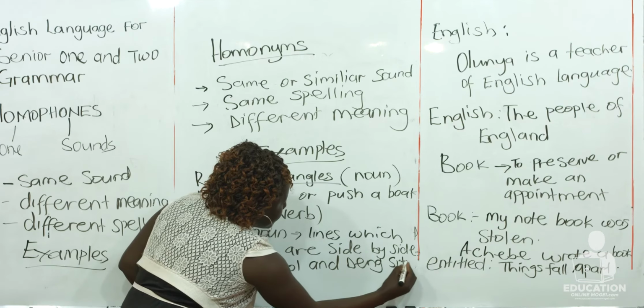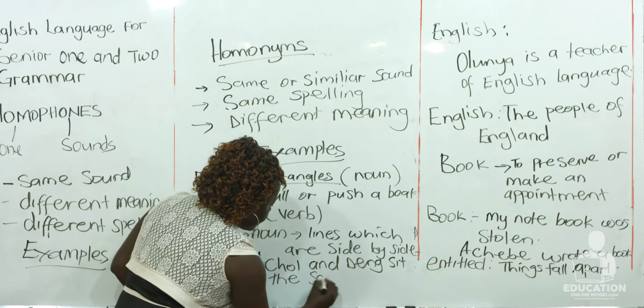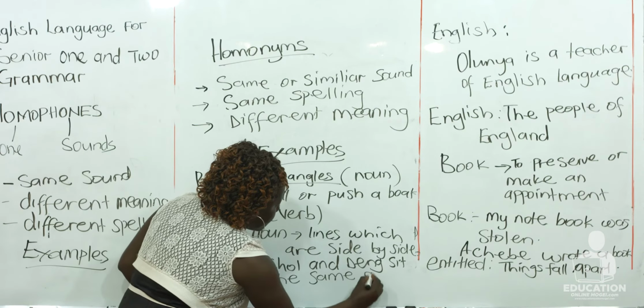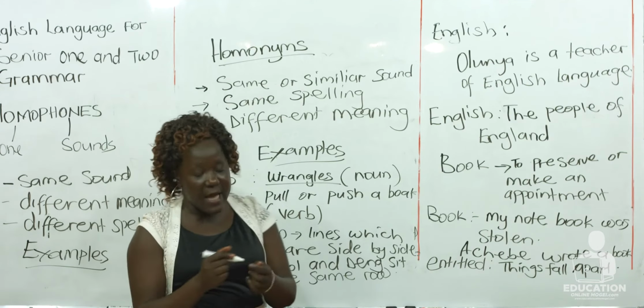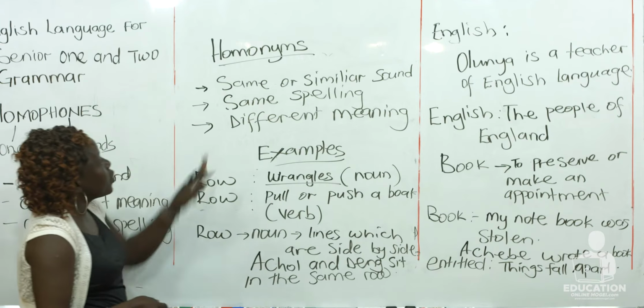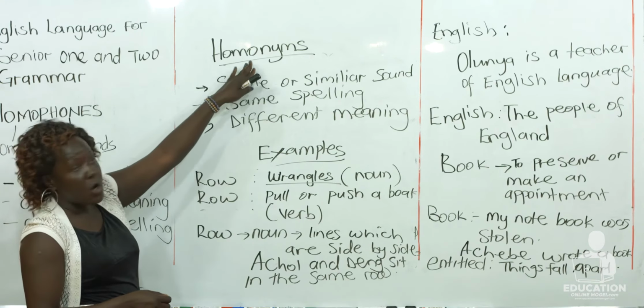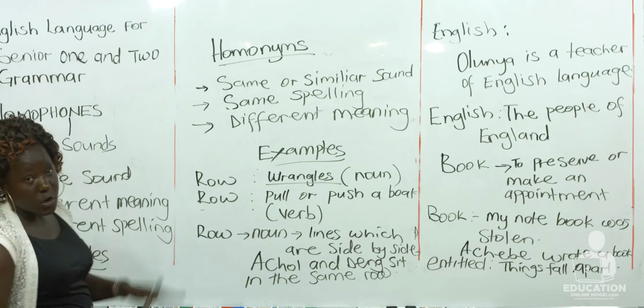In the same row. That means the line which is side by side. Good. Now, if you know how to differentiate between homonyms and ordinary homophones, you will not go wrong.